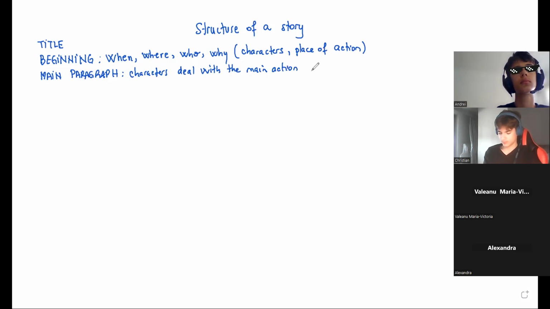The characters deal with the main action and look for a way to resolve the problem. Look for ways to resolve the problem. Or the plot, what happened.